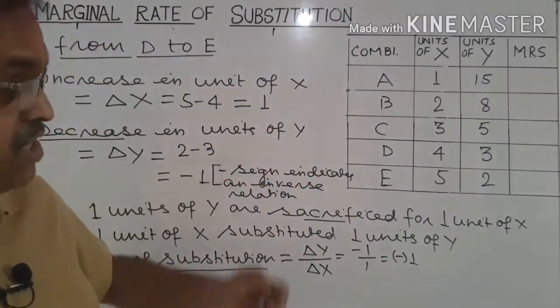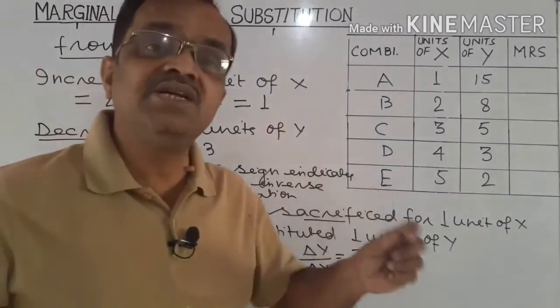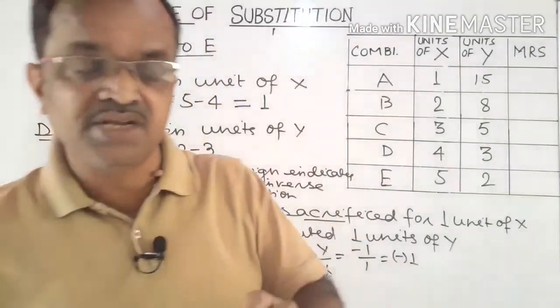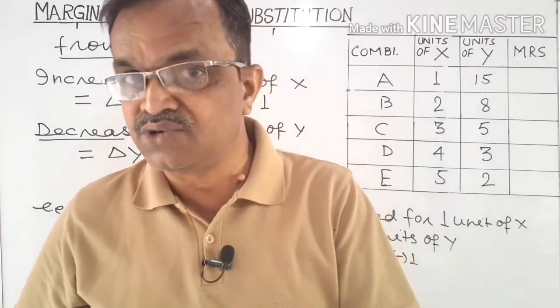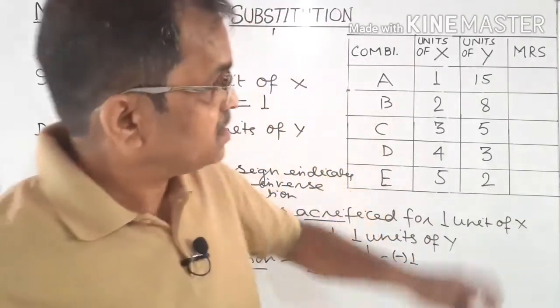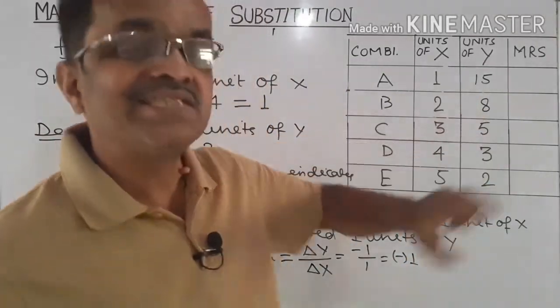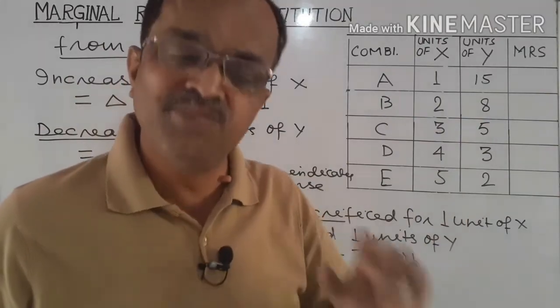So what we observe is that gradually, whenever the consumer consumes 1 additional unit of commodity X, the units of commodity Y sacrificed go on diminishing.